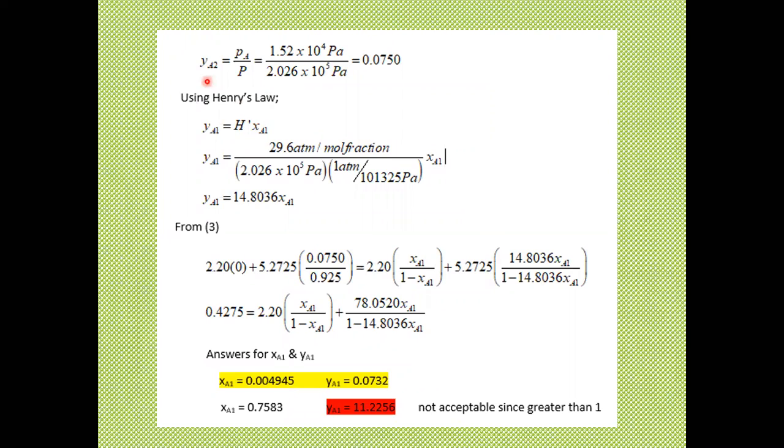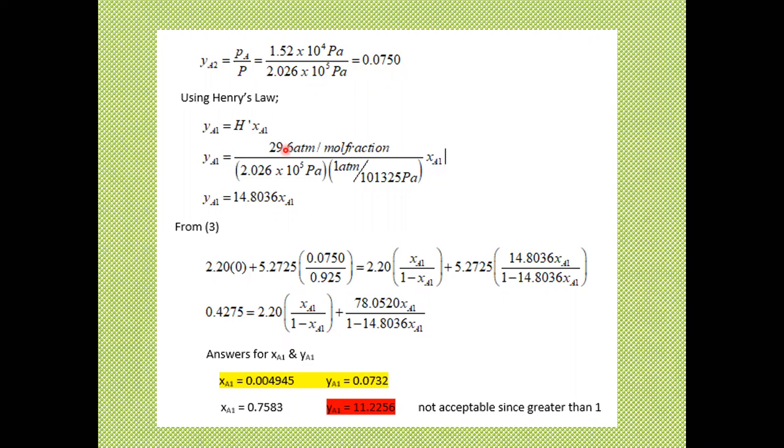So this is, by the way, how we determined our YA2. The problem gave us the partial pressure of SO2. If you divide it by the total pressure of the system as it entered the single equilibrium stage unit, it will give you a YA2 of 0.0750.